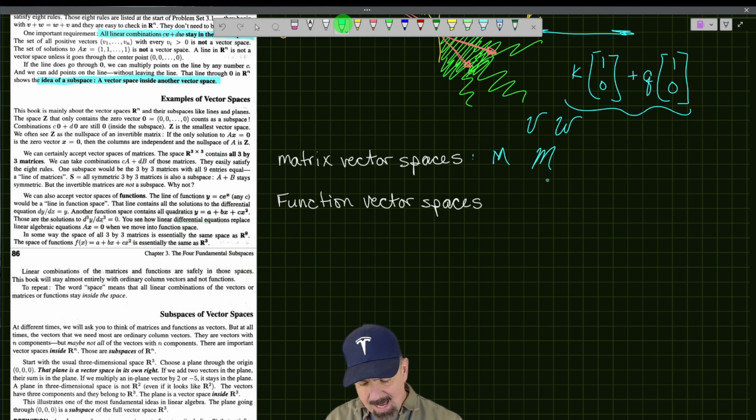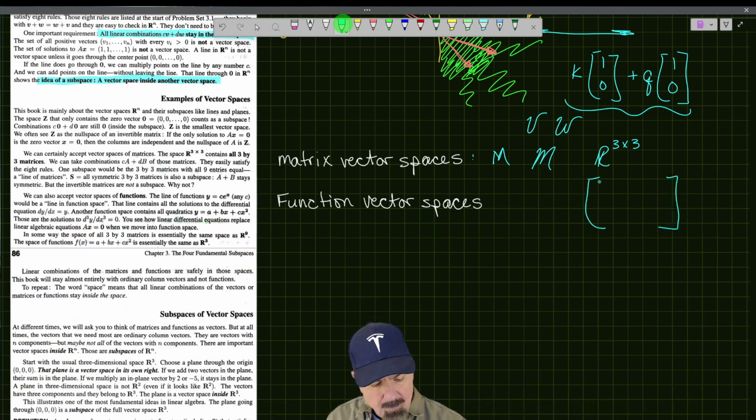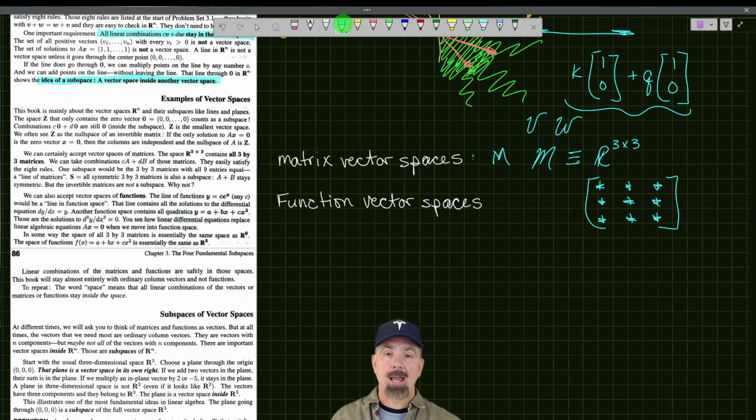So in this case, M is a vector space where he's defined the vectors to be 3 by 3 matrices. So each matrix is a 3 by 3 entity, like this. And it is a vector inside of the vector space M, which he is calling R^(3x3).